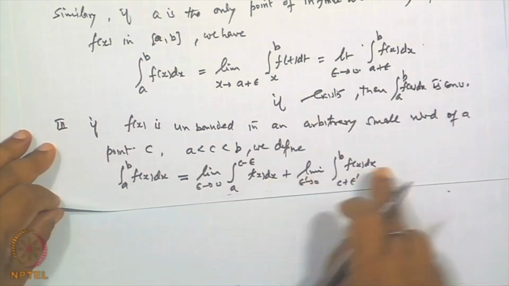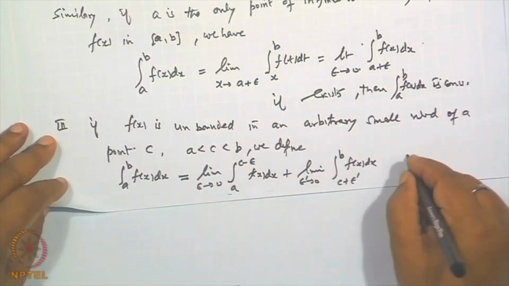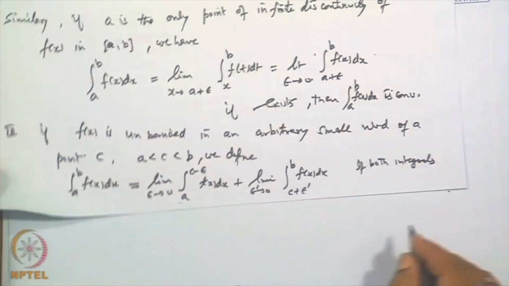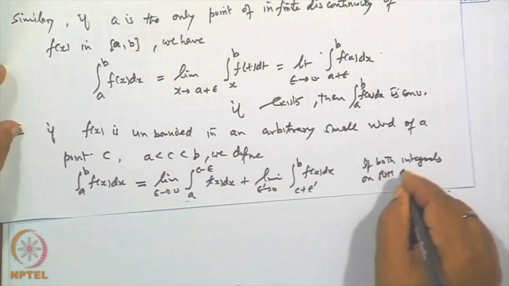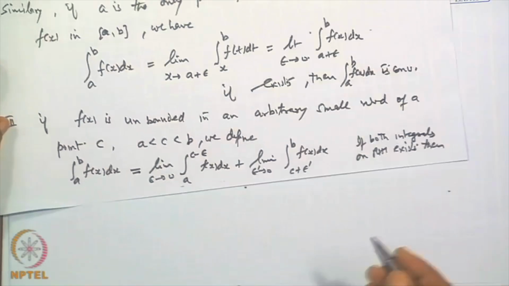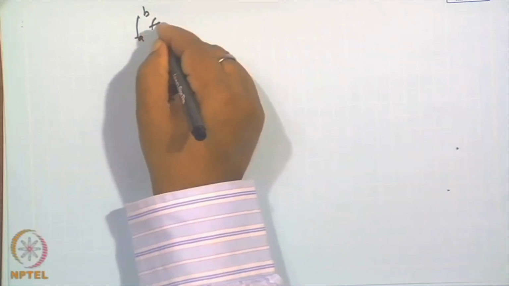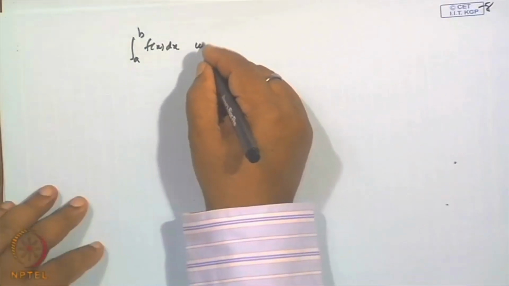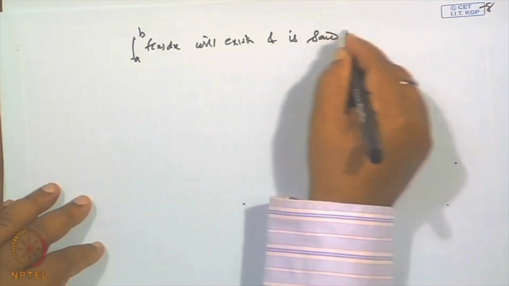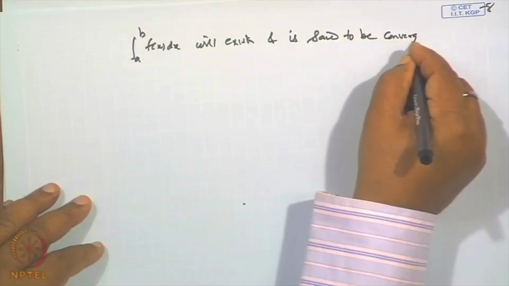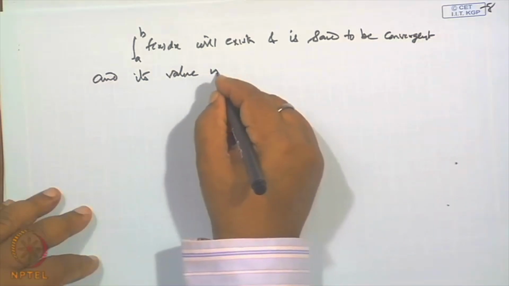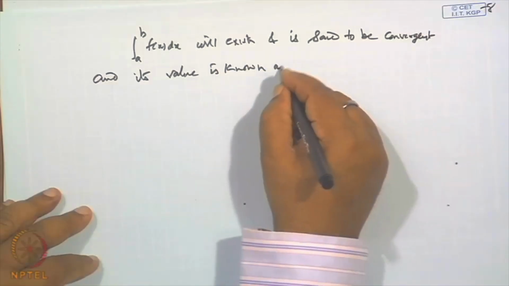Okay. Now, if both the integrals on the right hand side exist, then the integral from a to b of f(x) dx will exist and is said to be convergent, and its value is known as the general value.